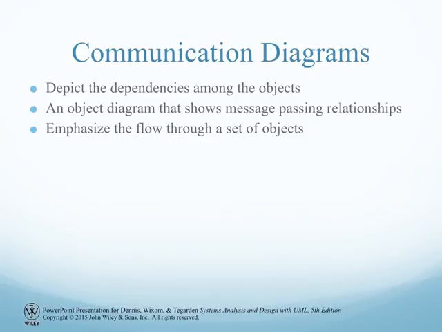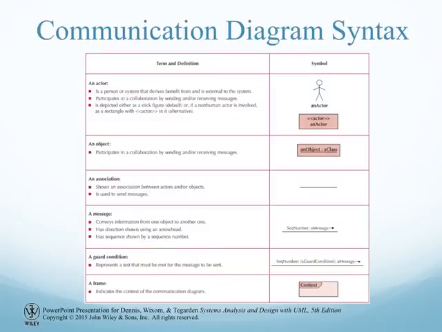They're going to help us show where the data is going, who the data is being passed to and from, and the relationships, the sum total of the relationships from one object to however many it would have. And again, this will make sense when you see it. So the syntax is pretty much the same. But instead of being temporal, we're not going to have things like execution occurrences.